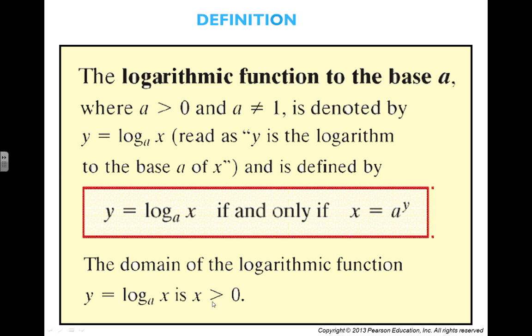The domain is x values greater than 0. So y is the logarithm to the base a of x. The little a tells you the base, x tells you your answer, and y is your exponent.